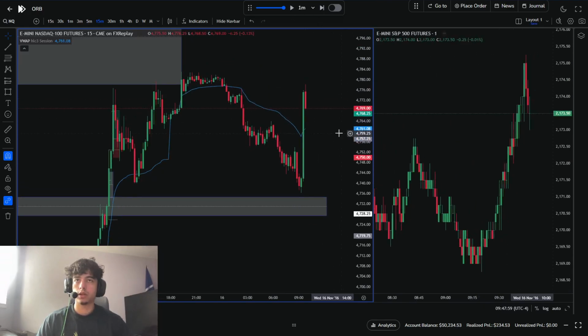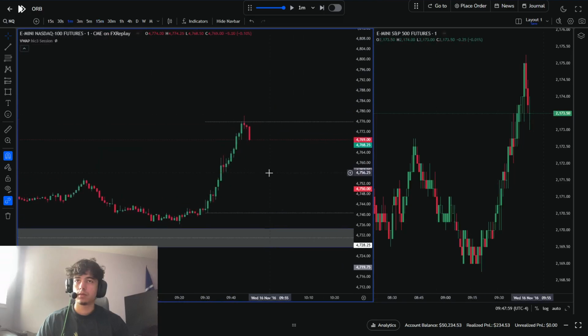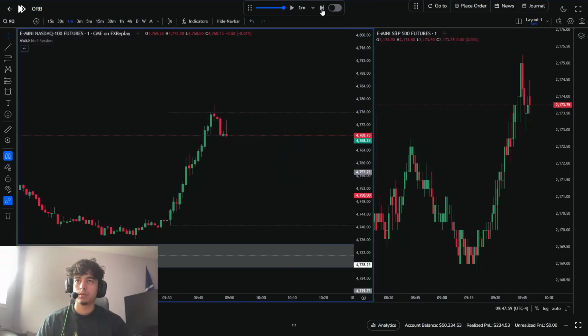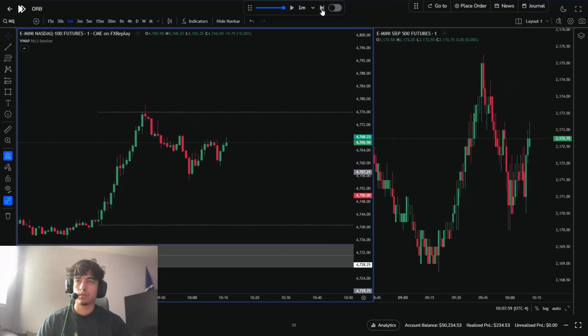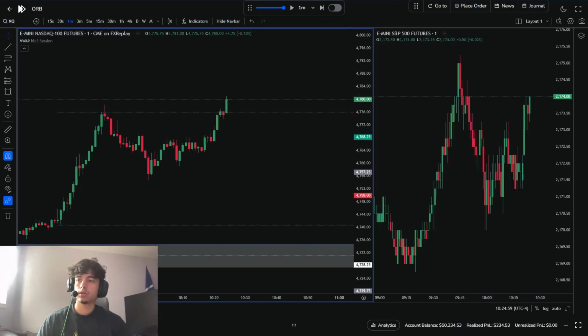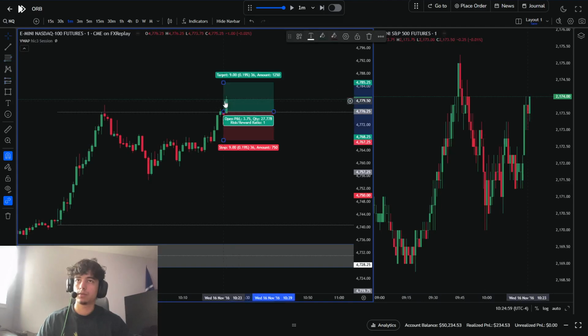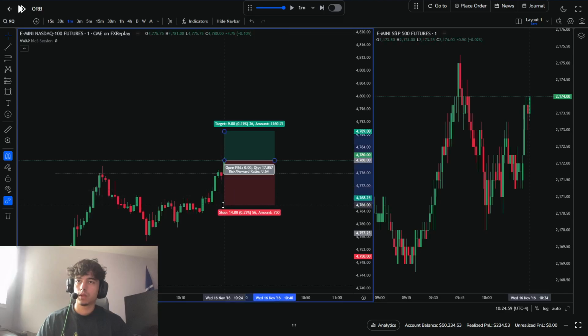Holy, 9:30 candle. That is insane. We got a break. Okay, so I'm going to enter right there. Stops below this low.